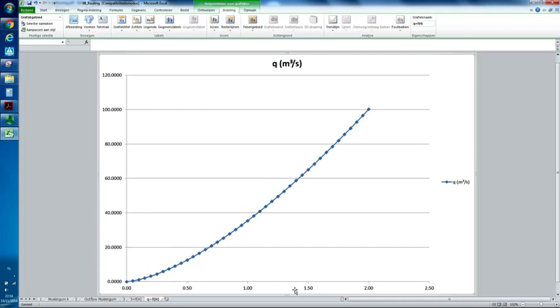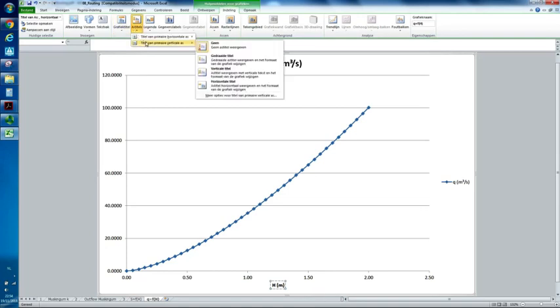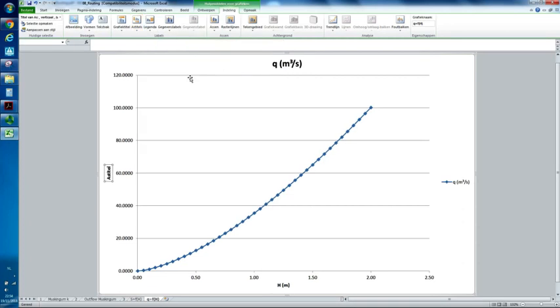And similarly here, this will be H in meters, and this will be flow or Q in cubic meters per second, like this.